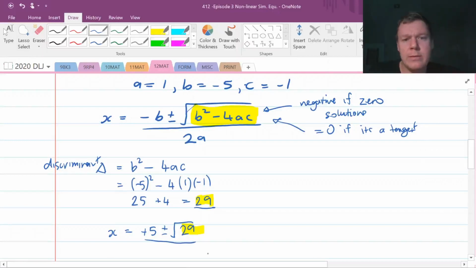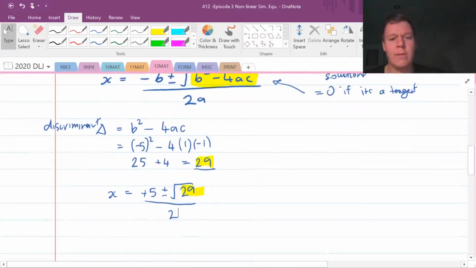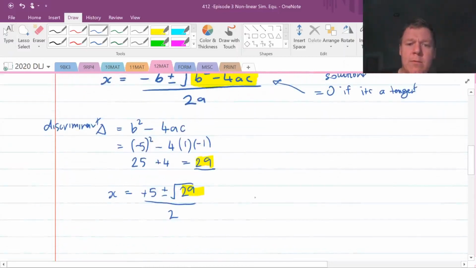Divided by 2 times a, which is just 1, so divided by 2. And if we put this into our calculator, it's very easy to get the two solutions because if you write the whole thing out, you just change your plus for a minus.